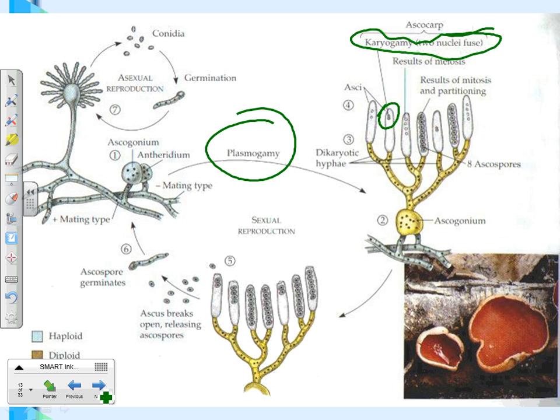So four undergo mitosis to become eight very quickly. Those are going to grow up to become what? Those 8 little cells inside there, what are they going to grow up to become? Spores. 8 little spores inside a little bag.